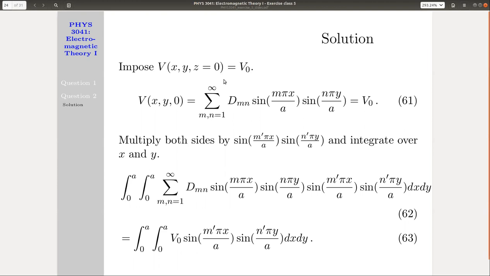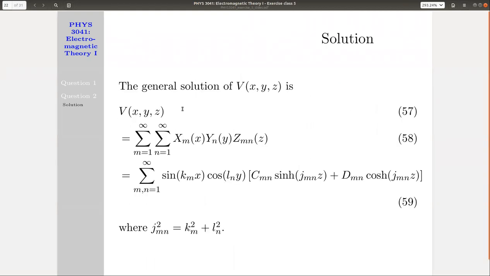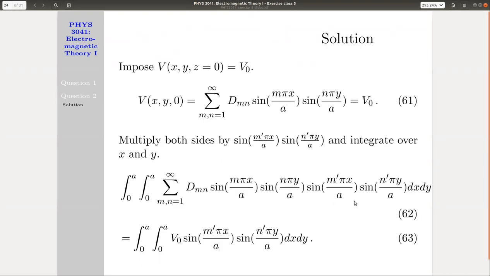We substitute z to be 0, and the general solution collapses into this form, because when z is 0, the hyperbolic sine here is 0 and the hyperbolic cosine here is 1. So we just have D_mn here, and the summation is equal to V naught.